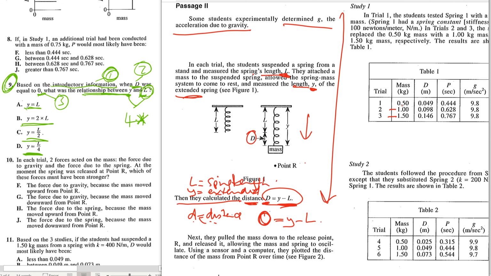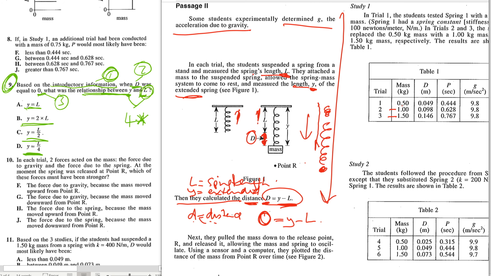They're showing the distance. This is the short spring, and this is the extended spring, and it's just showing that d is like the spring extending. It's tiny, and then it expands out when they put the weight on it. So d is the distance that the spring extends, right?